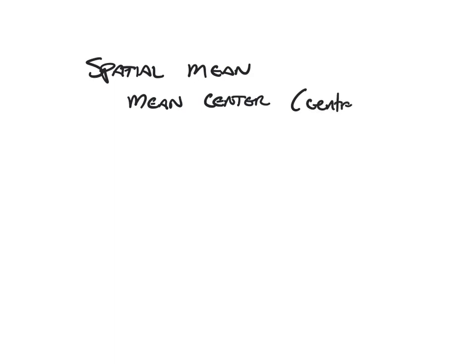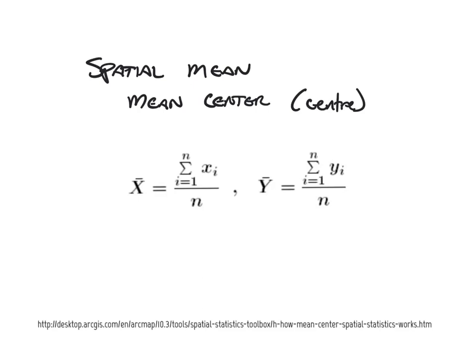Let's first talk about what we refer to as either the spatial mean or the mean center. And of course, if you're using QGIS, it'll be spelled differently. To calculate the mean center of the individual points, or the black dots that we saw in the last slide, we can calculate the mean center as simply the summation of all the X locations divided by the number of points, and then repeat the same thing for the Y locations.